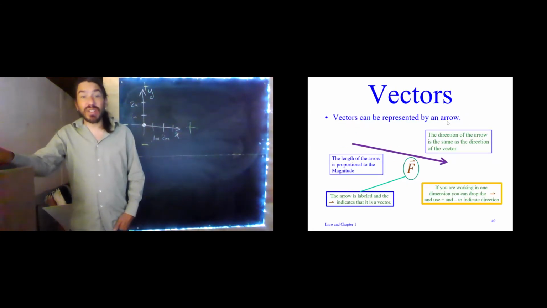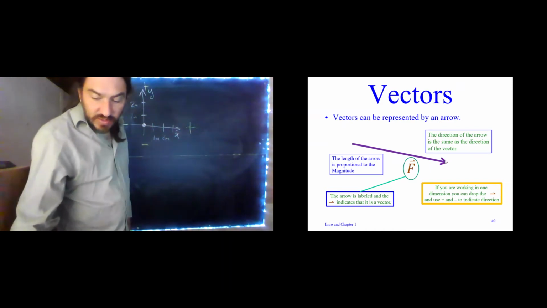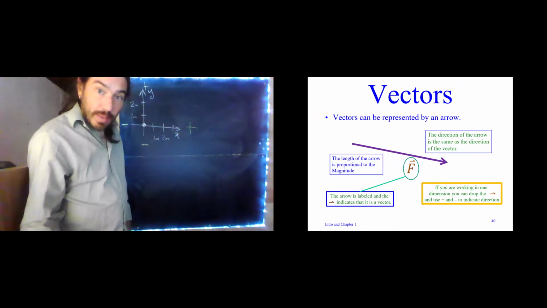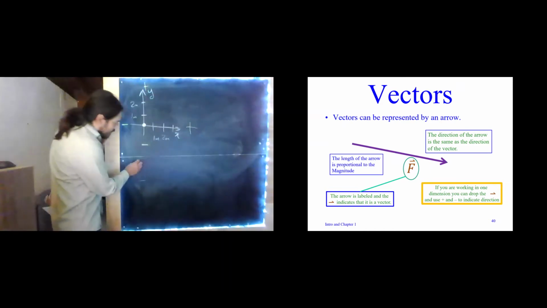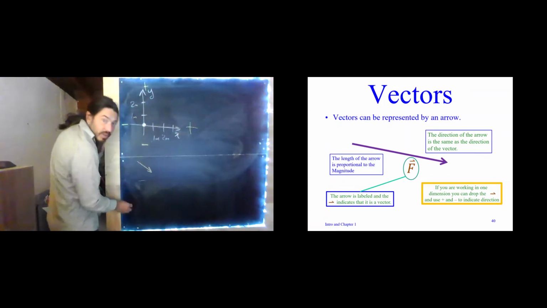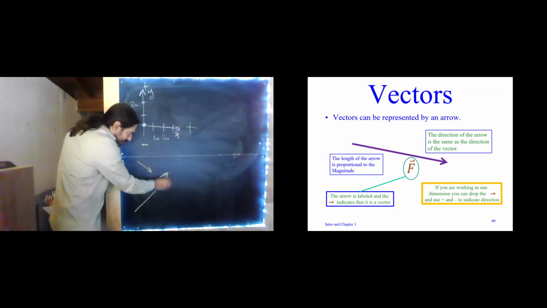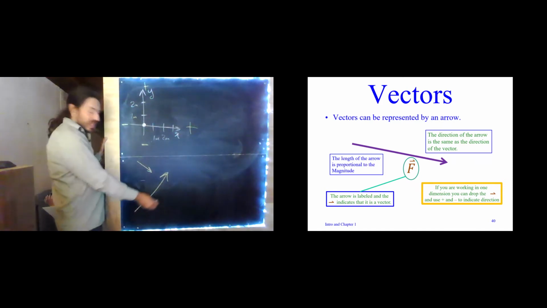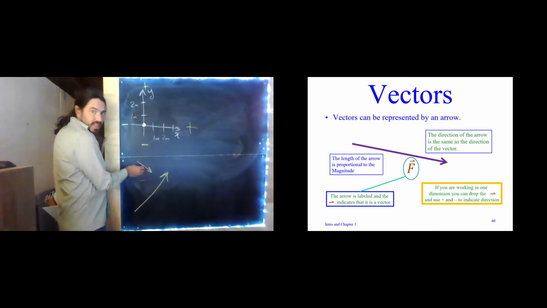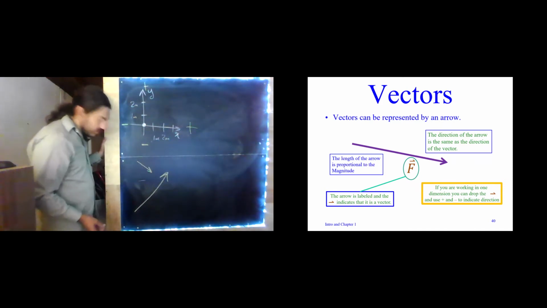We will represent vectors with an arrow. And so the length of the arrow is proportional to the magnitude. So if I had two vectors and I was drawing them on the same piece of paper, and one of them had a length like that, and one of them had a length like that, then we'd say, aha, this vector has a greater magnitude than this one does. Why? Because it's longer.